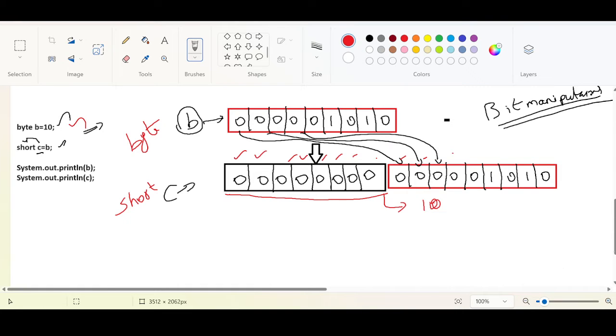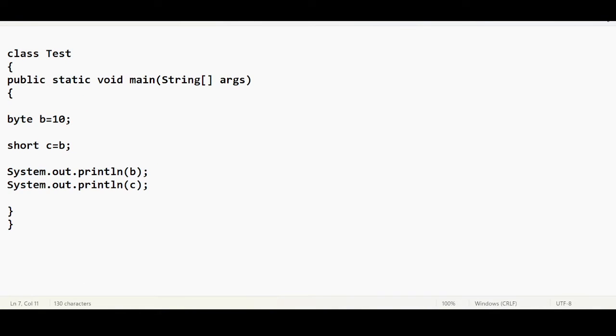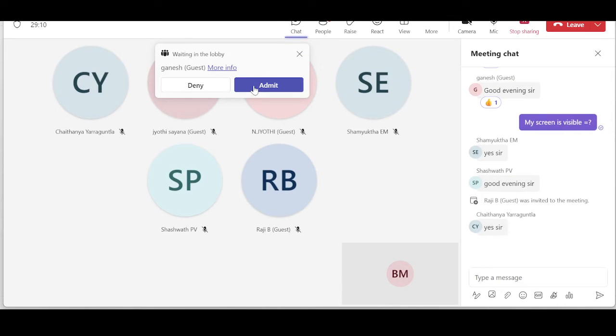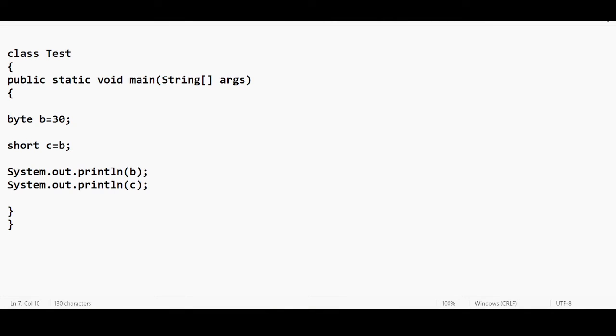Right? Why the typecasting concept actually came into the picture is, sometimes this b value is going to exceed the range. For example, today the value of b is 10. Tomorrow, after some changes, the value may get incremented to 20. Day after tomorrow, 30. It keeps getting incremented.